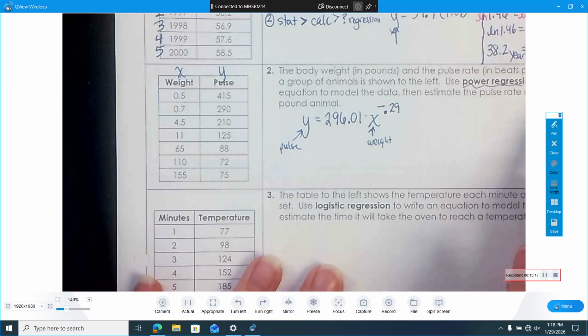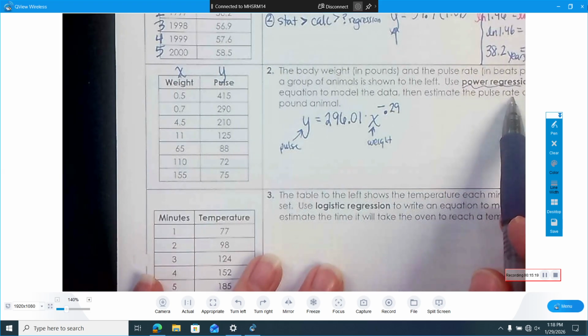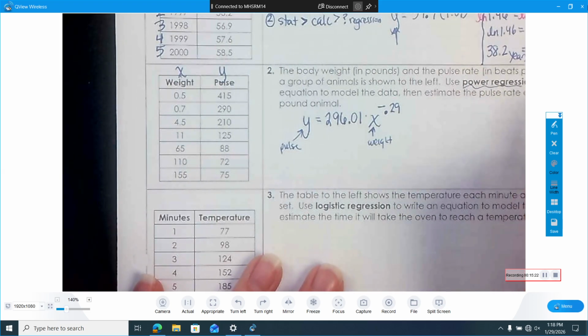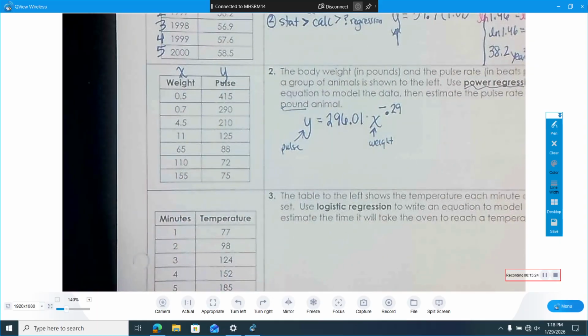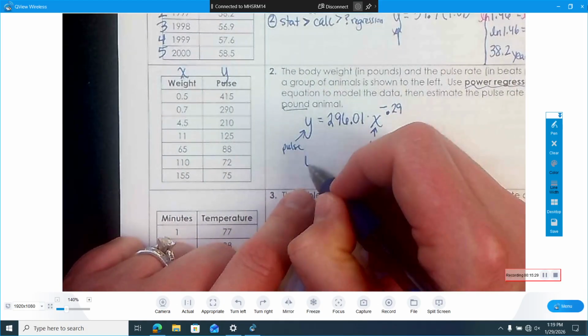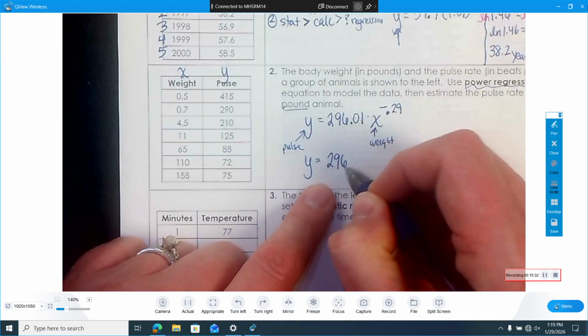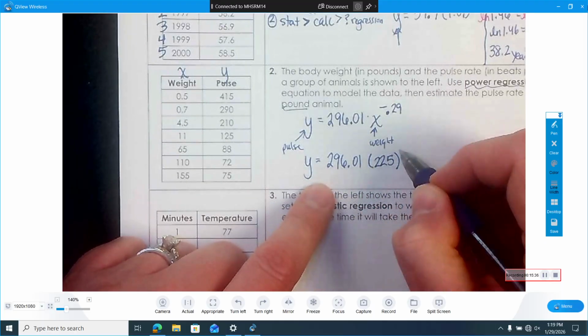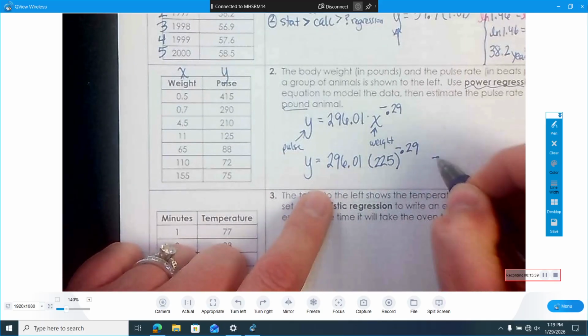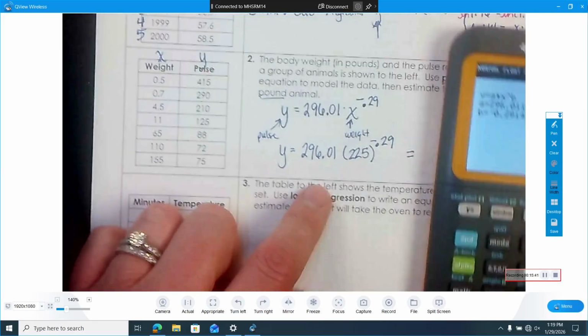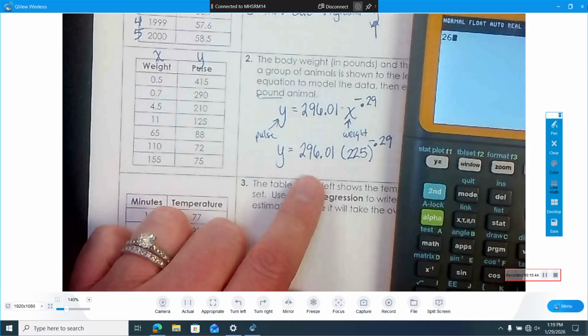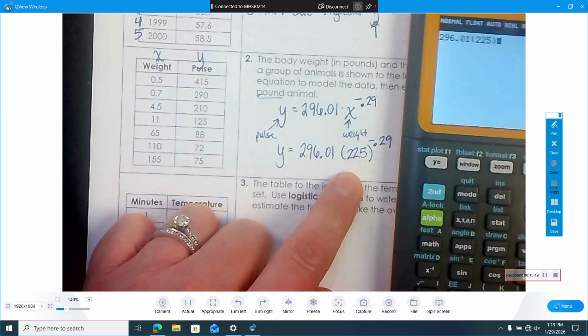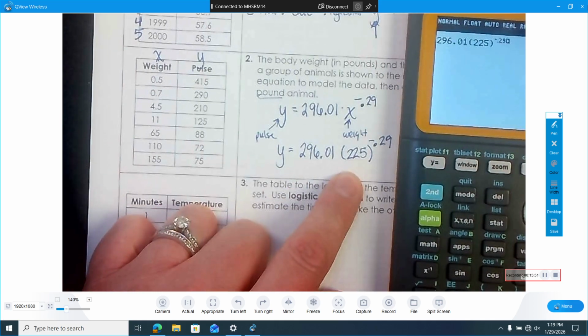And so it says, estimate the pulse rate of a 225-pound animal. So where does the 225 go? 225 goes in place of the X. So we have 296.01, and we're plugging in the 225 pounds, to the negative 0.29 power.